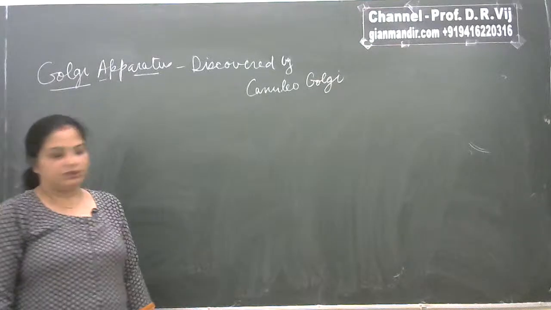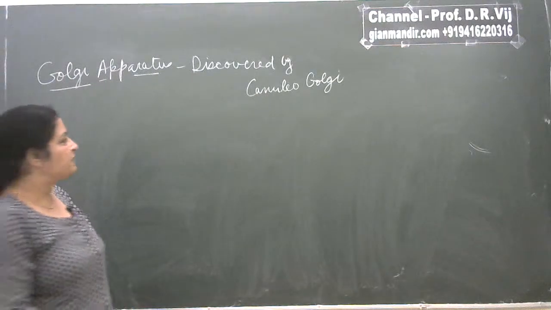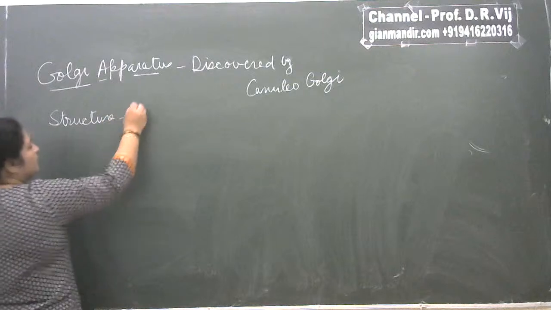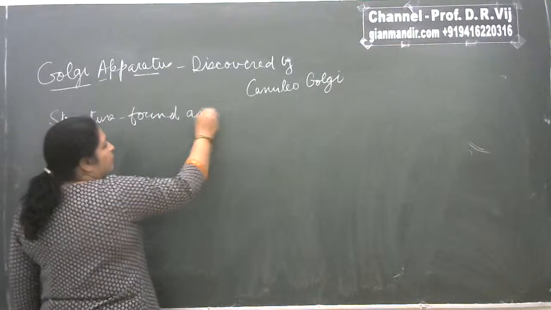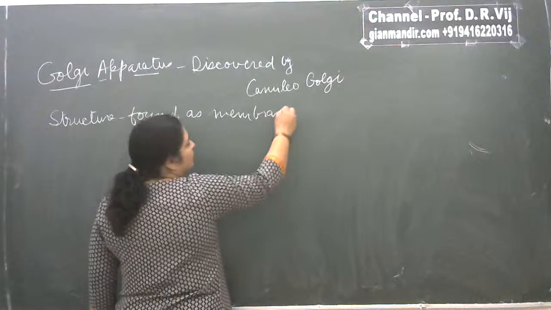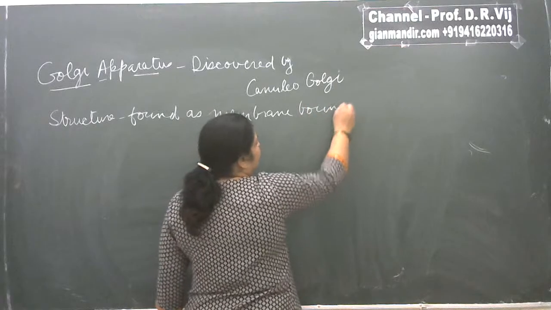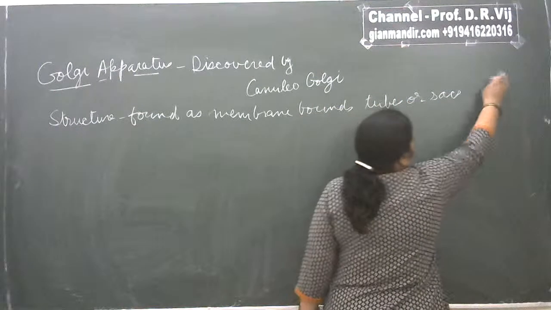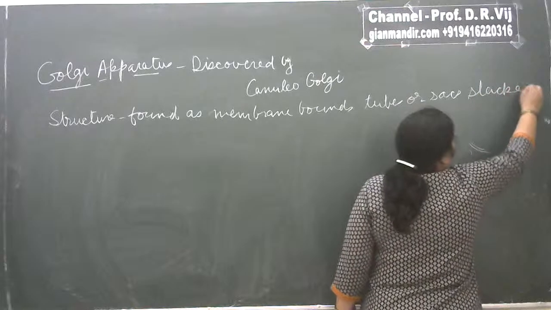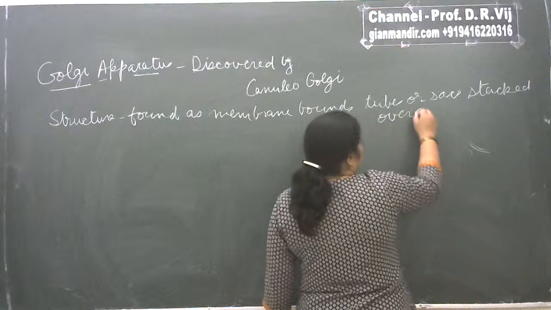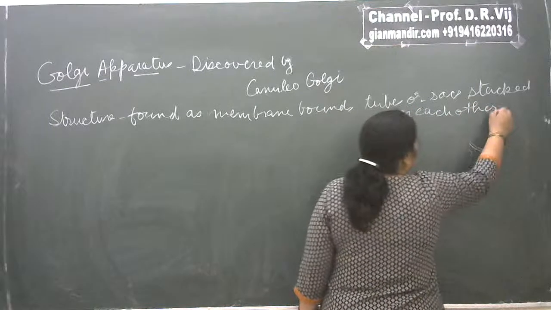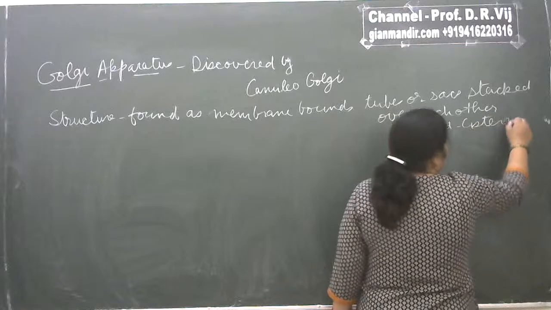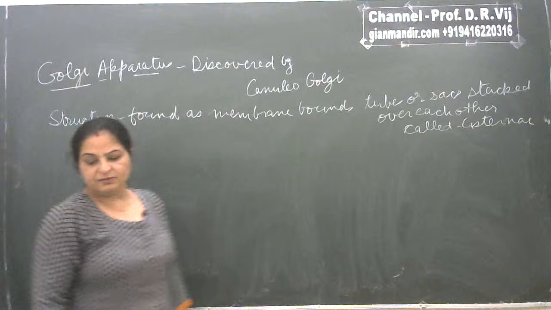And if you look at the structure of this Golgi apparatus, what you can see here is it is found as membrane bound tubes or sacs stacked over each other, called cisternae, and they are generally found near the endoplasmic reticulum.